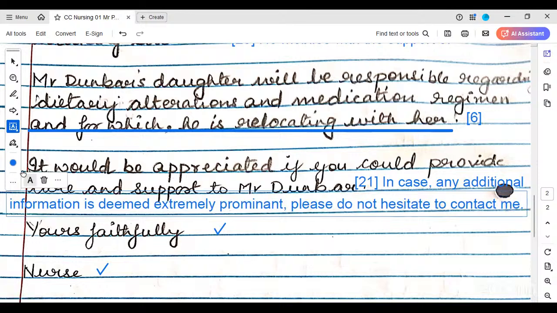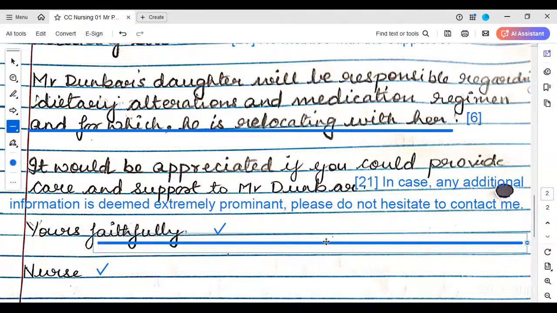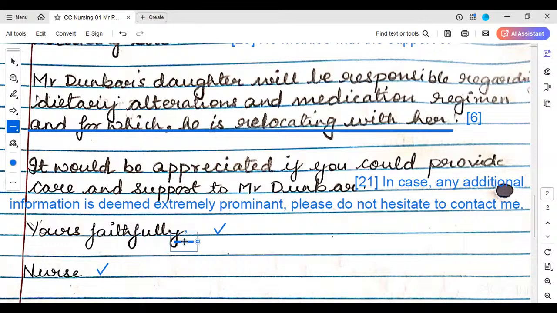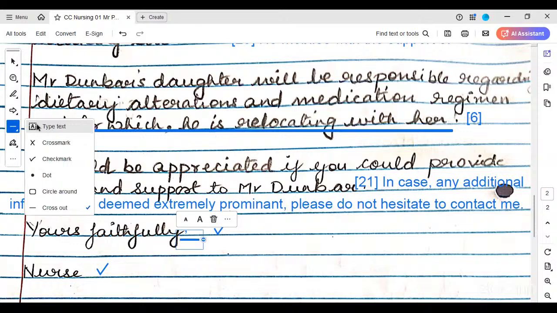Yours faithfully, and you have to put a comma here. After that one, you have to put a comma here. The comma is very, very important. So there should be a comma. That's point 22.